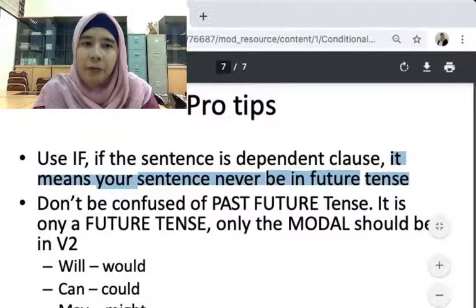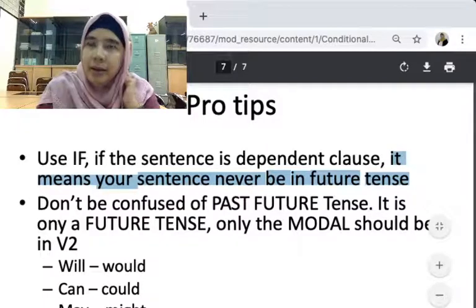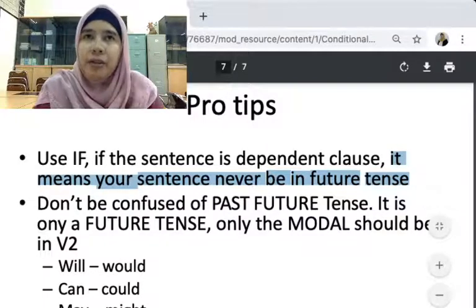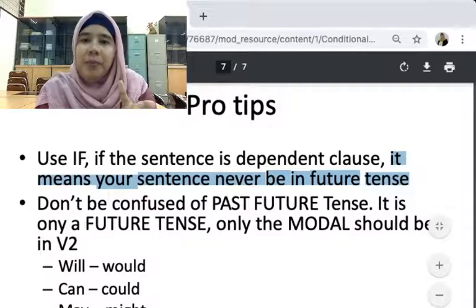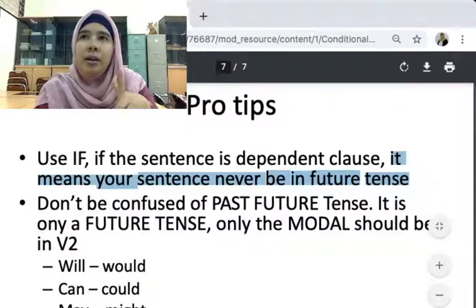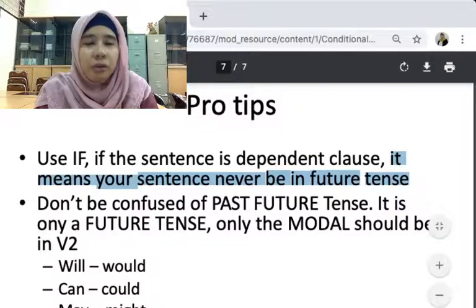If is never in future tense. Usually lots of the students get it mixed up. This is the pro tip: if is never in the future tense, only simple present, past perfect, or past tense.